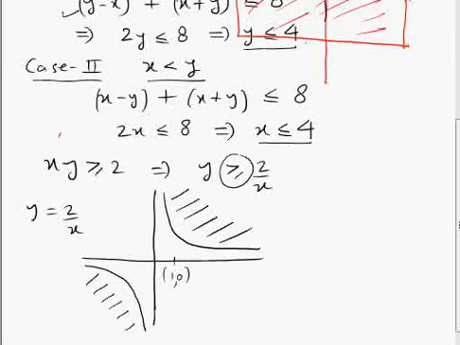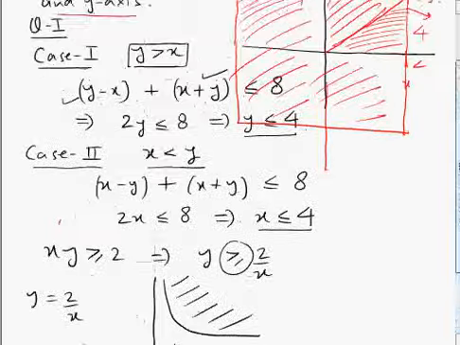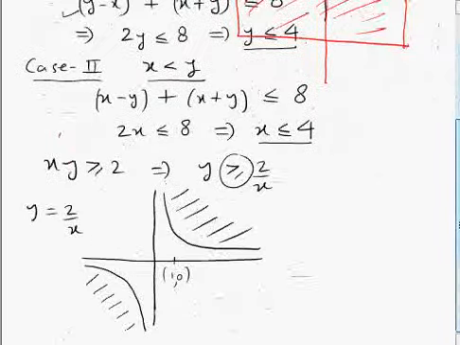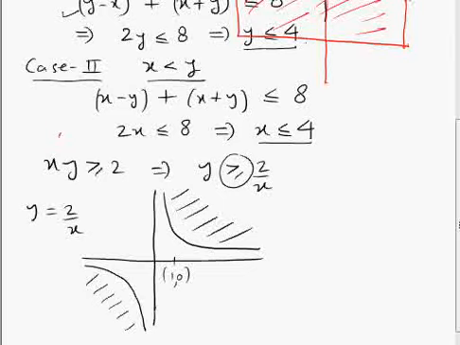Right, now we have to find the common area between the two curves. So we'll plot the square here. You can see the square in the first quadrant is like this, and similarly we have the extension of the square in other quadrants.